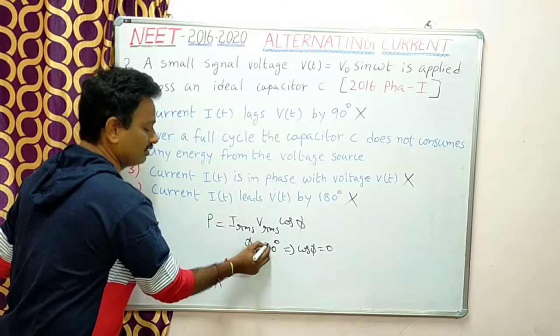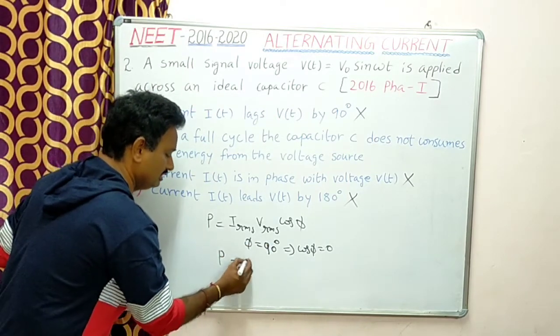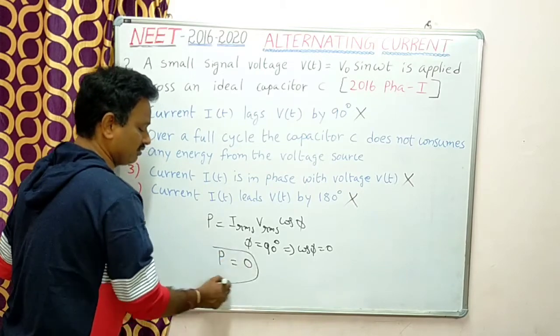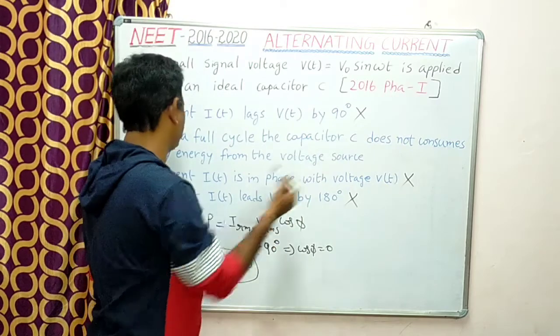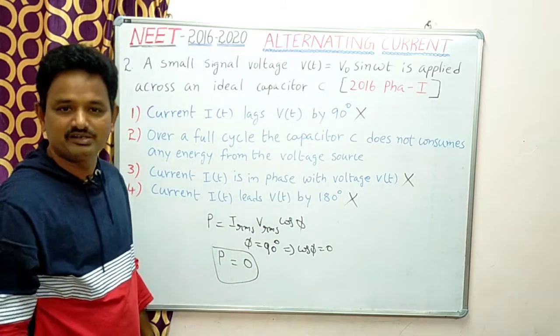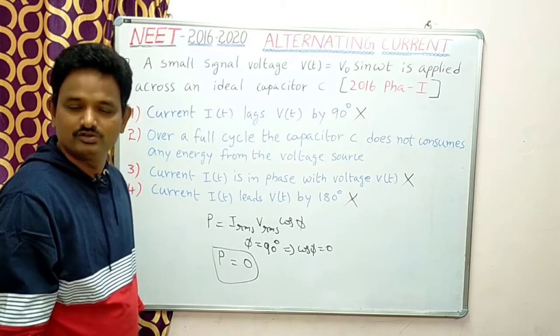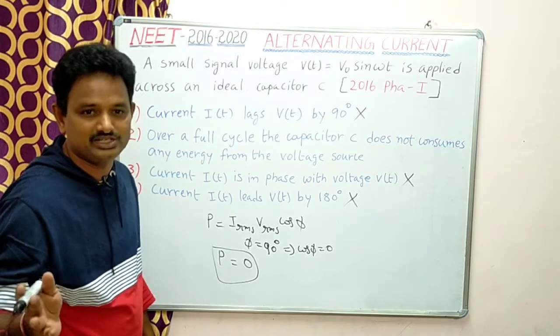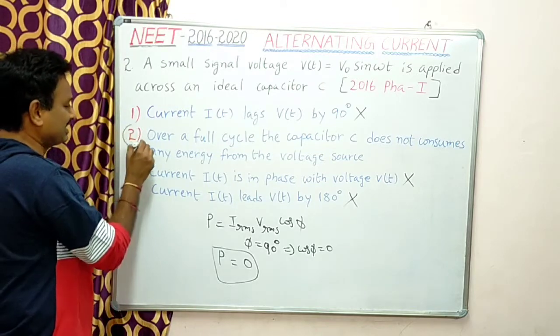When cos phi equal to 0, power P equal to 0. So if P equal to 0, that means capacitor does not consume any energy. Why? Because you know that P equal to energy by time. So here power 0, energy consumed by capacitor is 0. So the answer is second option.